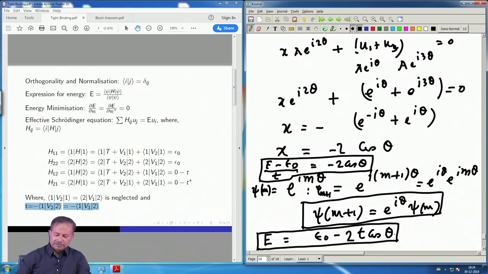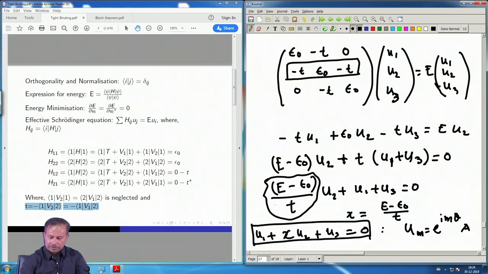So, in the n-side case, what will happen? Remember that matrix: E minus epsilon naught, minus t, 0; minus t, epsilon naught, 0; minus t, 0, minus t, epsilon naught. So, this matrix had 3 elements in only the second row.